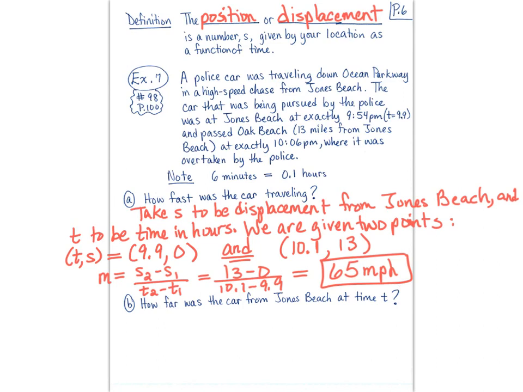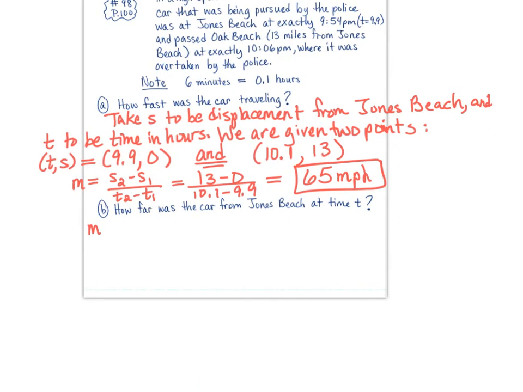So here we know our slope. Did you want a minute to try it? Our slope is 65. Good. Which point did you choose to use? 9.9 and 0, or 10.1 and 13. I would choose the one that has 0 in it. It makes your algebra easier, but you can choose whichever one you want. You'll get the same thing.